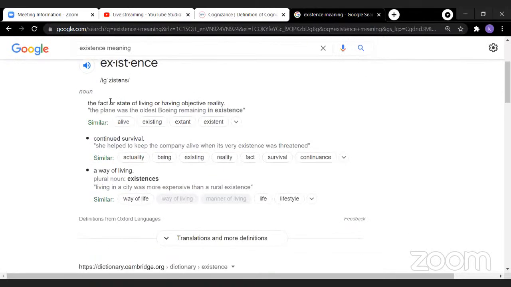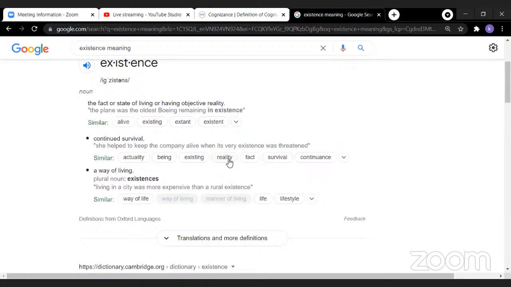The fact or state of living or having objective reality. A way of living. Similar: actuality, being, existence. So here's where we get Strong's number 1961 that people are calling a deity, right? Y'all hear people say that?